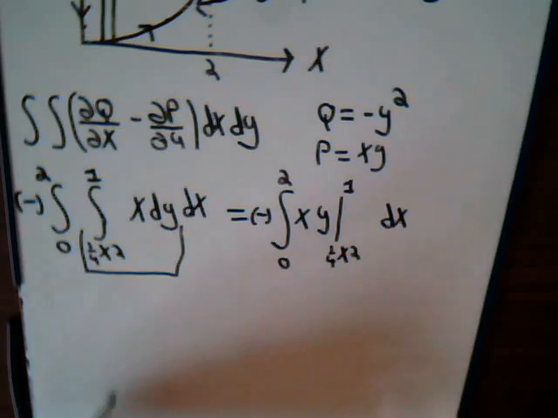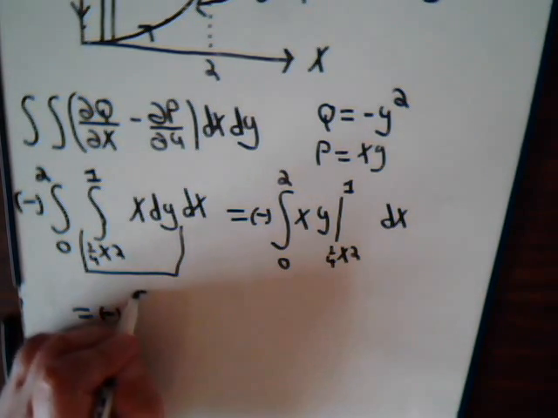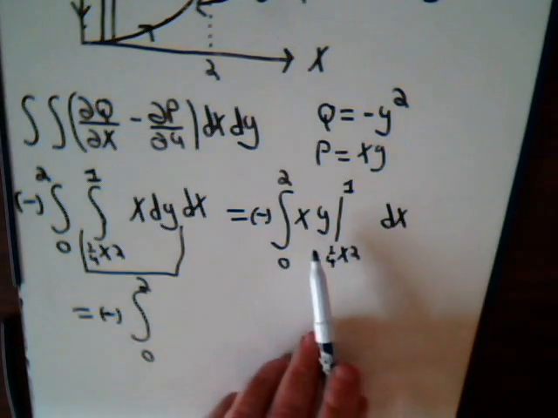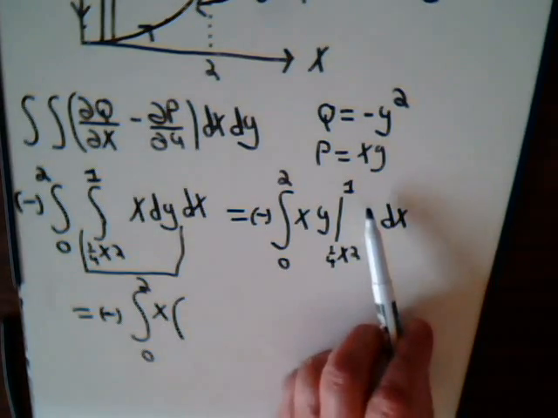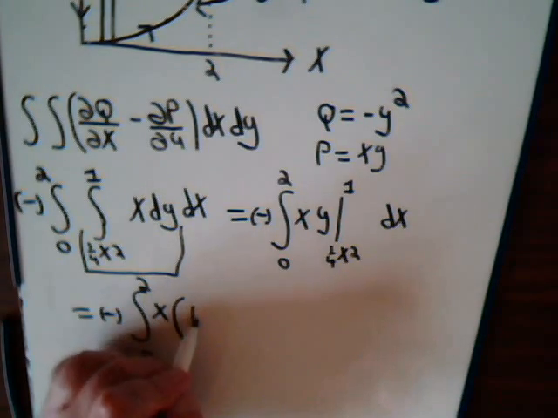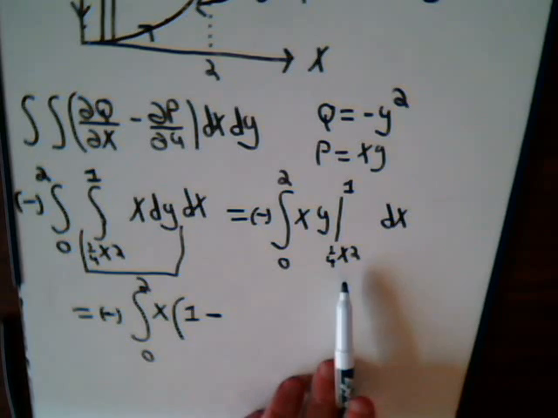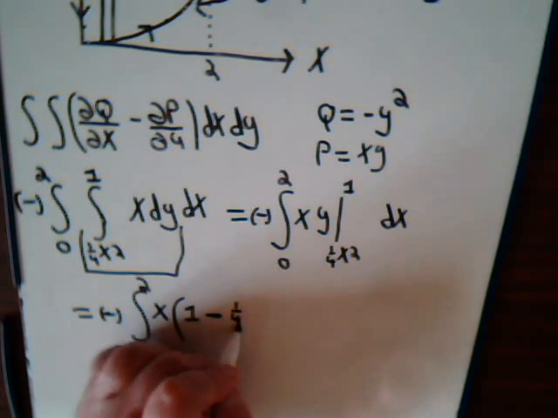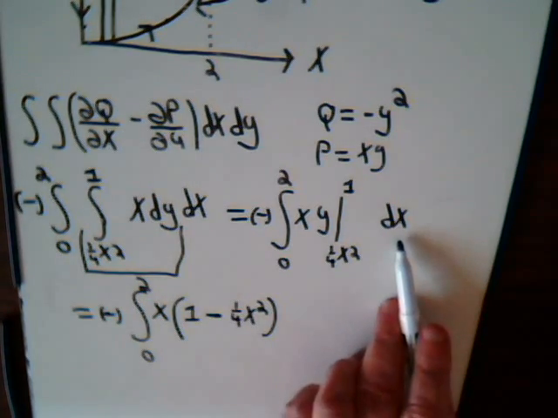So let's see what this gives us. We have minus the integral from 0 to 2, we have x, and then we will have y equals 1, so we have 1, minus y equals 1/4 x squared, dx.